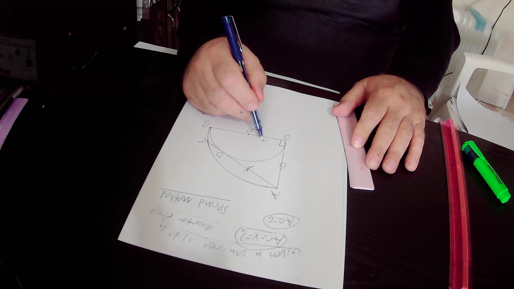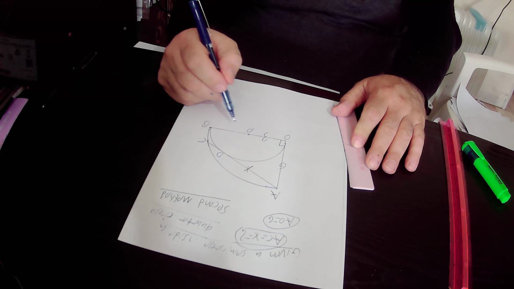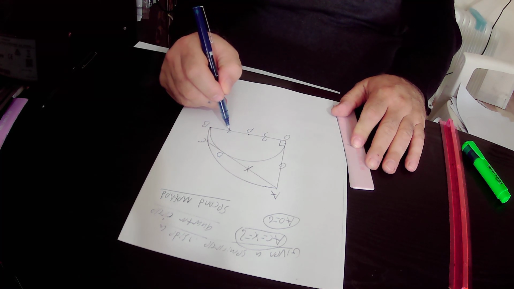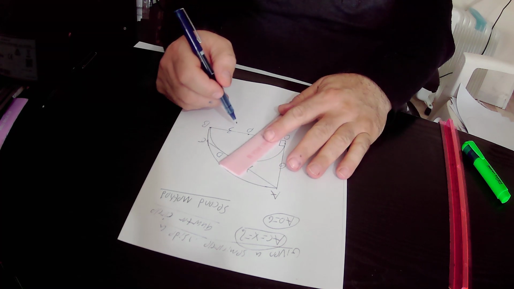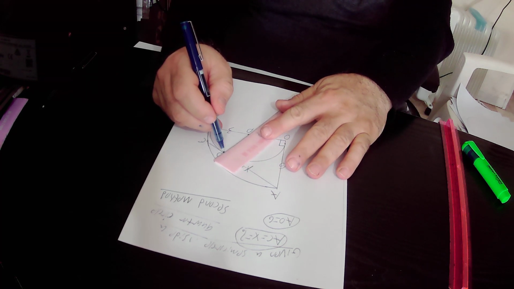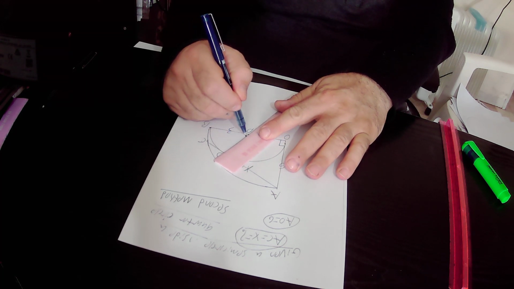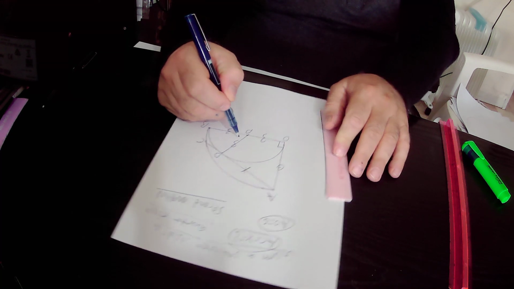OP is 3 units, it is the radius of the semicircle. PB is also 3 units, it is the radius of the semicircle. And PD is also the radius of the semicircle, that is to say it is also equal to 3 units.